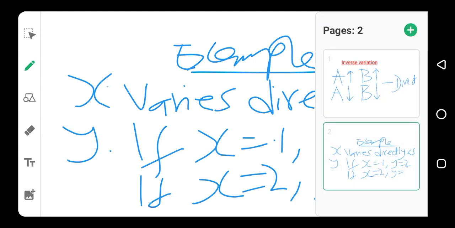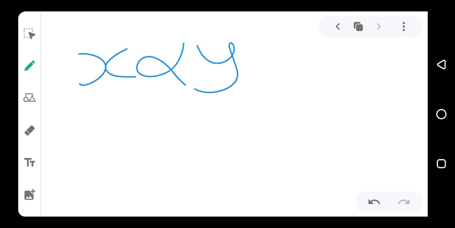Now, to solve this, you say that X varies directly as Y. This is the first thing you state. You must state these things in order.